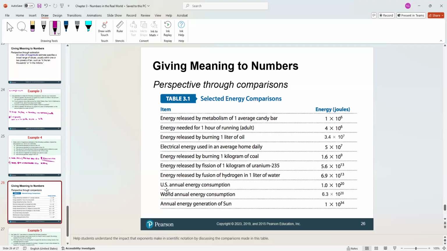We make comparisons. For example, consider $100 billion, a number that you may find in the news almost any day. It's easy to say $100 billion, but how big is it?